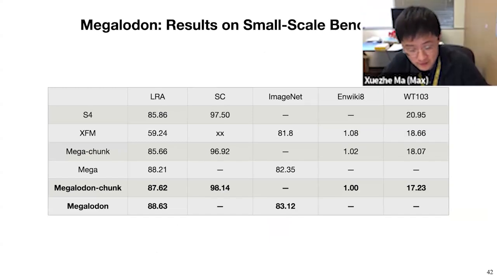Yes, that's a good question. I think there is great potential to apply EMA to continuous signals, because EMA, from its own property, is very good at modeling the local smoothing between local tokens, and I think this is a very good property for data like images or speech.